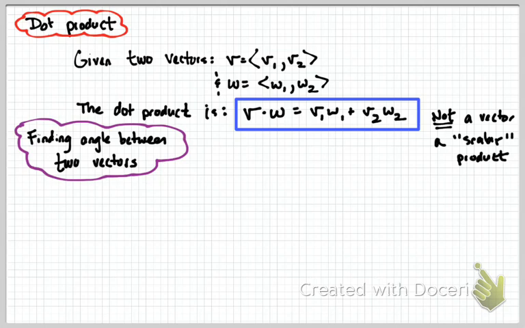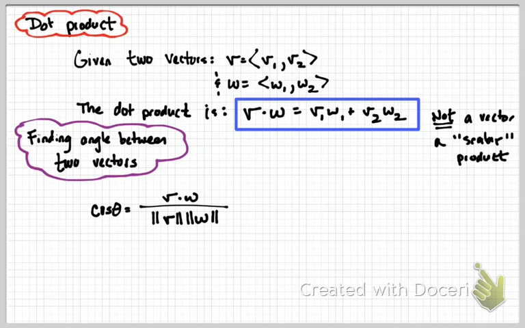Now the component form for this, and I'm going to give you two formulas. You know what? I'm just going to give you one of the formulas. Cosine of theta equals V times W, which is your dot product, which we looked at above, over the magnitude of V times the magnitude of W.